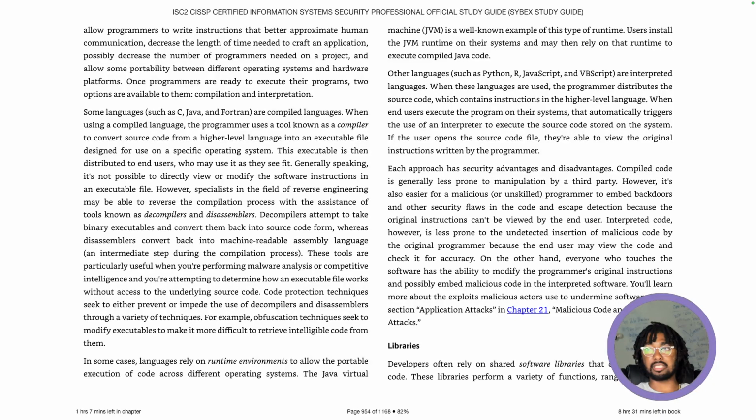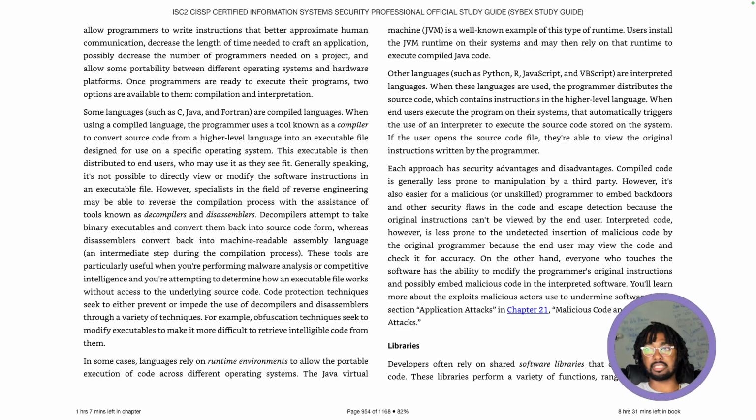Generally speaking, it's not possible to directly view or modify the software instructions in an executable file. However, specialists in the field of reverse engineering may be able to reverse the compilation process with the assistance of tools known as decompilers and disassemblers.